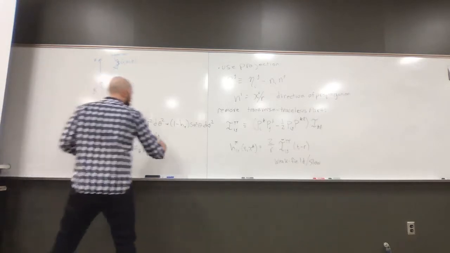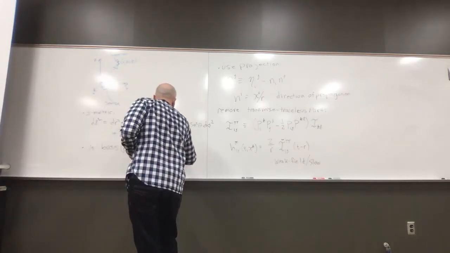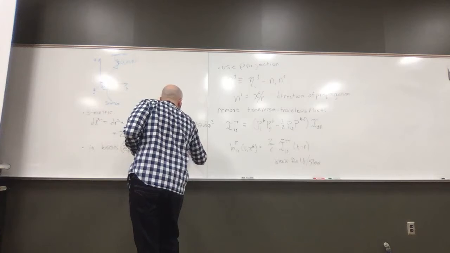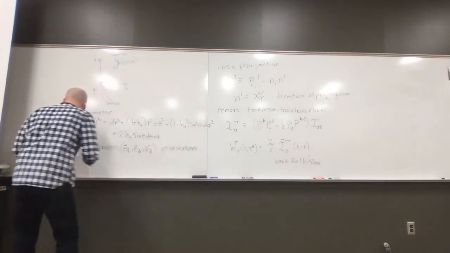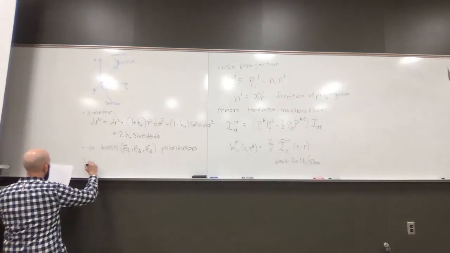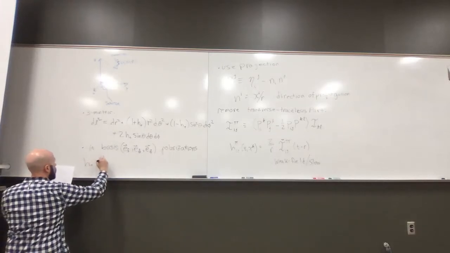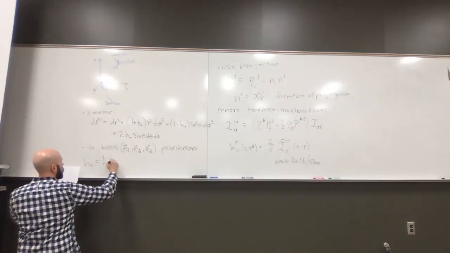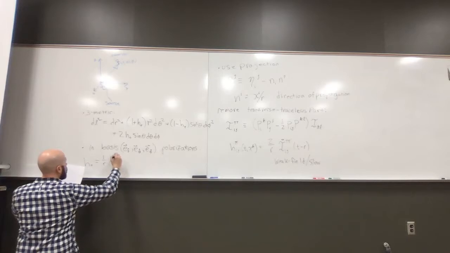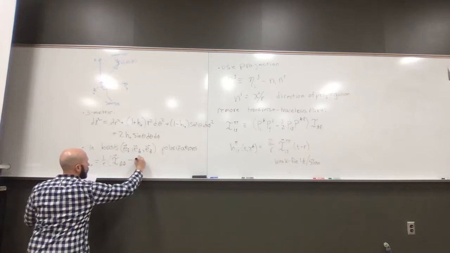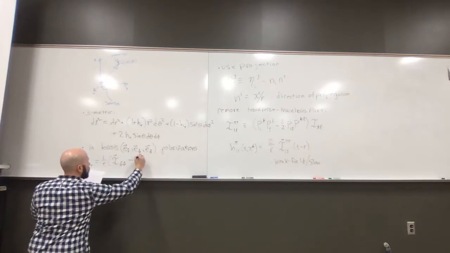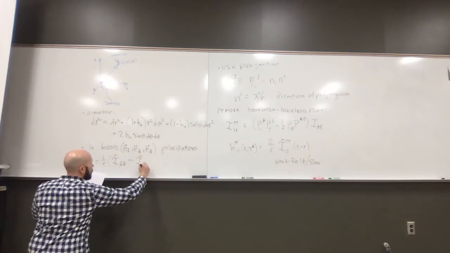The polarization modes are, h plus is going to be equal to 1 over r, the distance to the source, curly I double dot in the theta hat direction, minus curly I double dot in the phi hat direction.